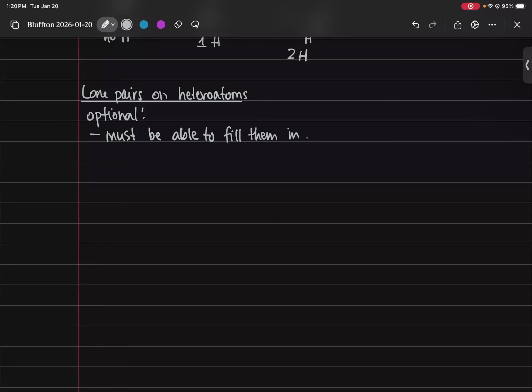So for this, review the formal charge cheat sheet again. This is going to be important. So here's some examples. Sorry, that was ugly. Here's some examples of compounds with heteroatoms in them.